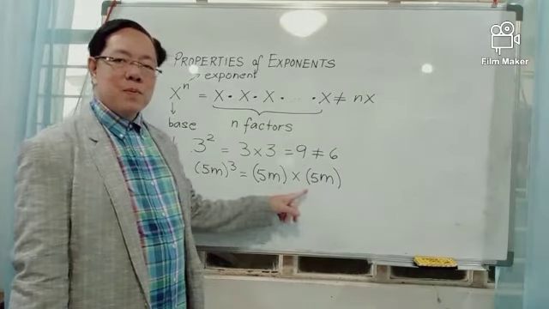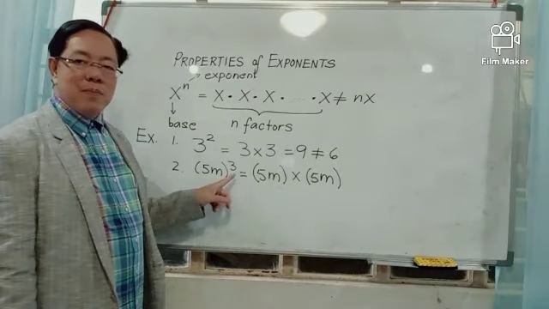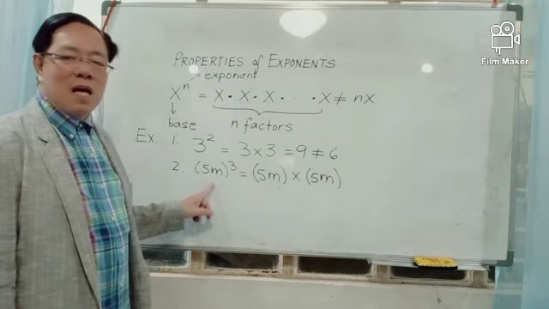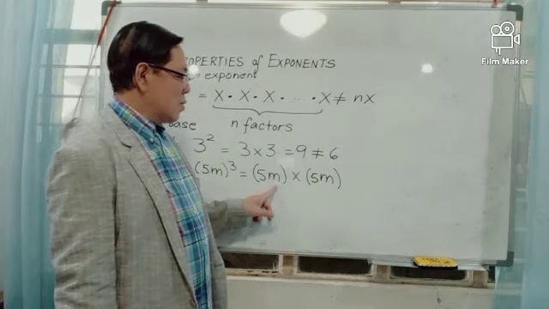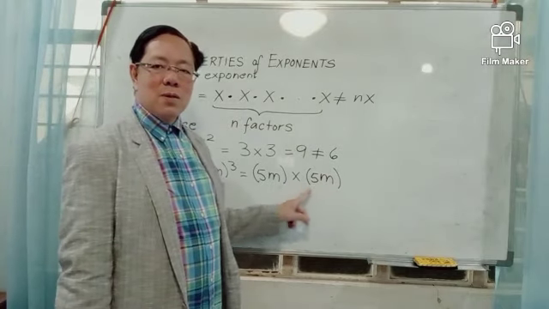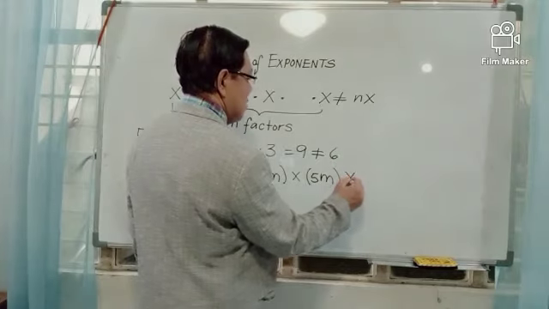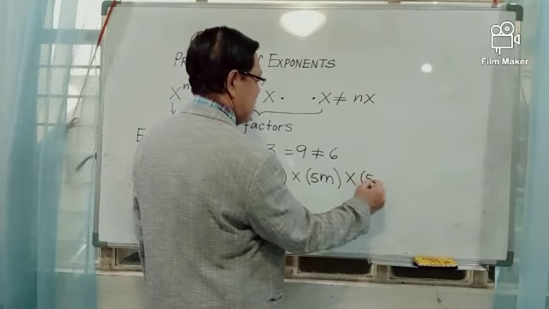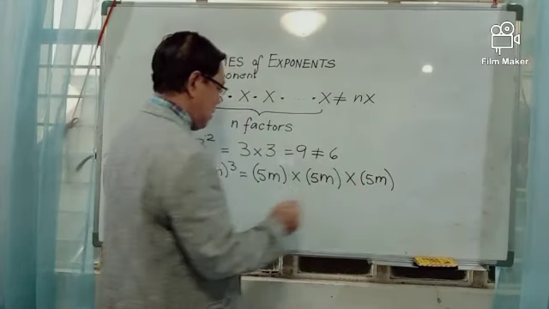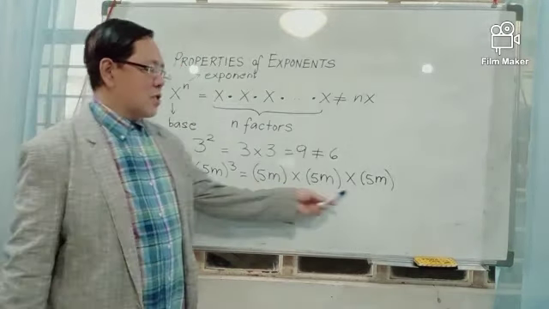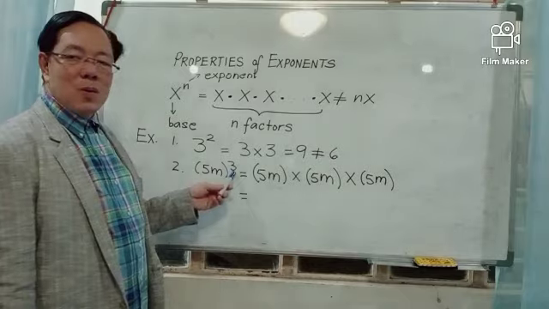5m to the power 3 means we multiply the base 5m by itself 3 times. Thus, we need to multiply these 2 factors again by another 5m. This is the expansion of 5m to the power 3.